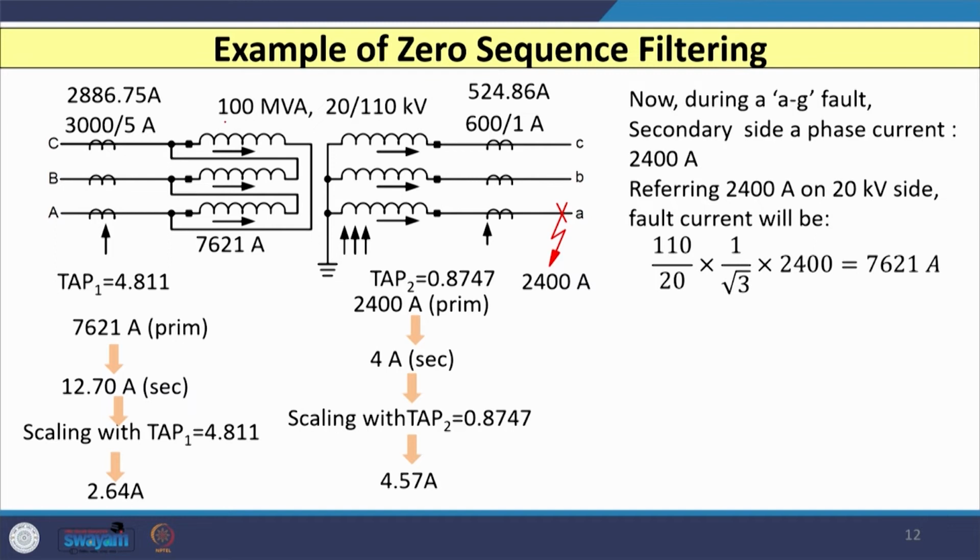Now, to understand the effect of zero sequence compensation, let us consider an example. Here I have considered a 100 MVA power transformer. The LV side rating is 20 kV and the HV side rating is 110 kV.